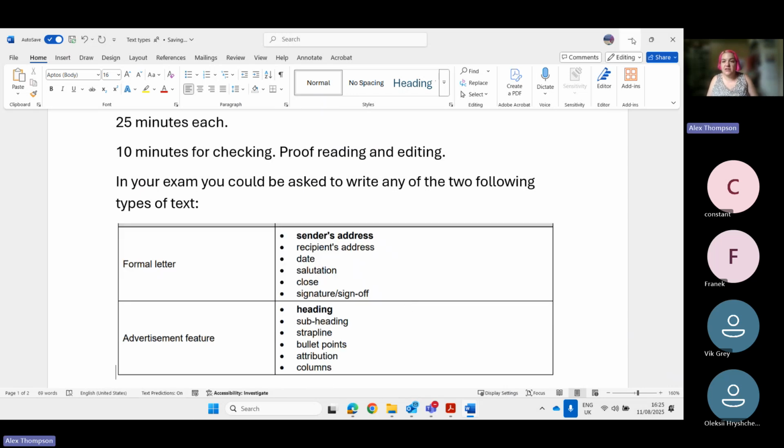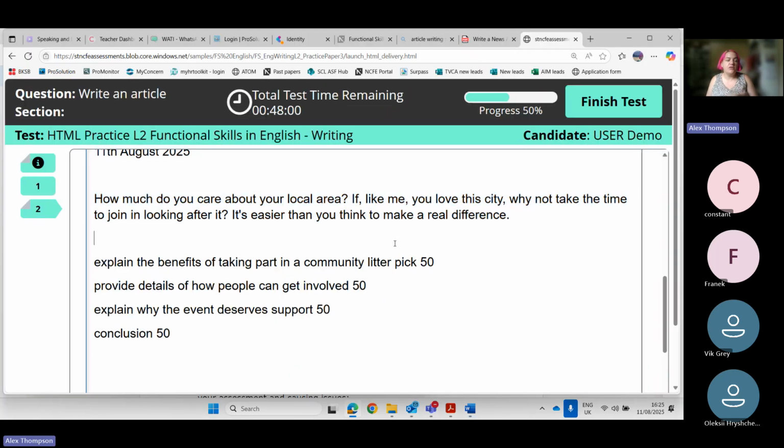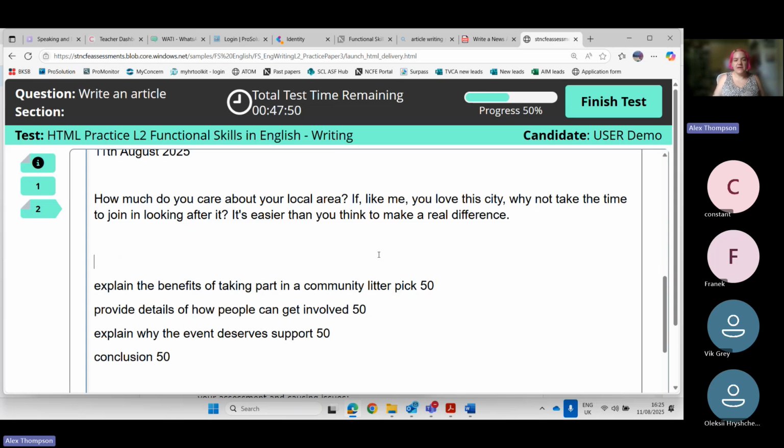Do you know what? That's not bad. So although I haven't quite reached 50 words, some of those ideas are out and I can always add more to it later. So explain the benefits of taking part in a community litter pick. So I'm going to say it's social, it's fun, you can meet new people.